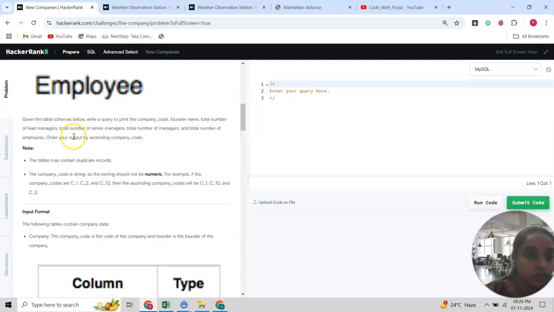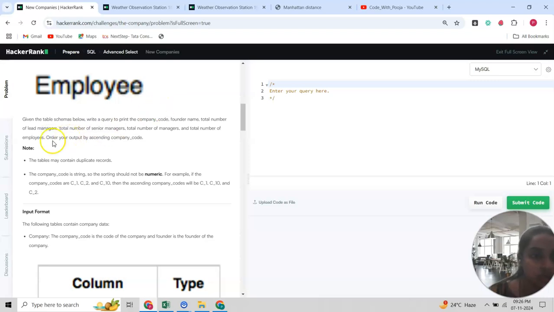Now, what is the query? Given the table schema below, write a query to print the company code, founder name, total number of lead managers, total number of senior managers, total number of managers, and the total number of employees.